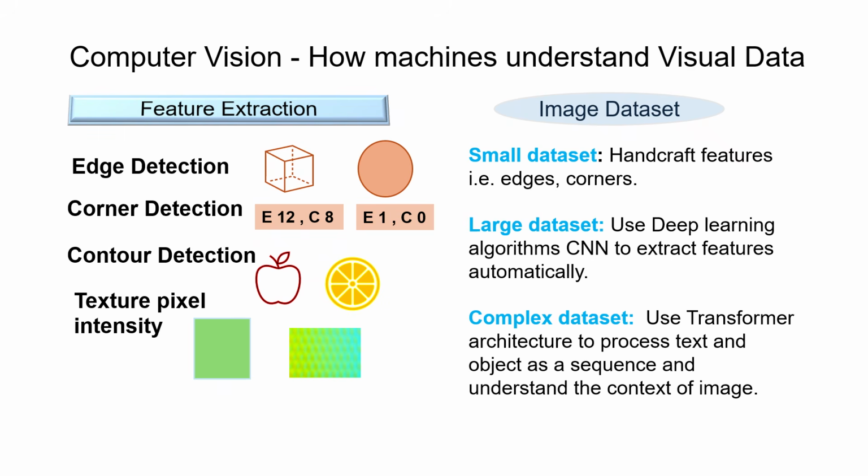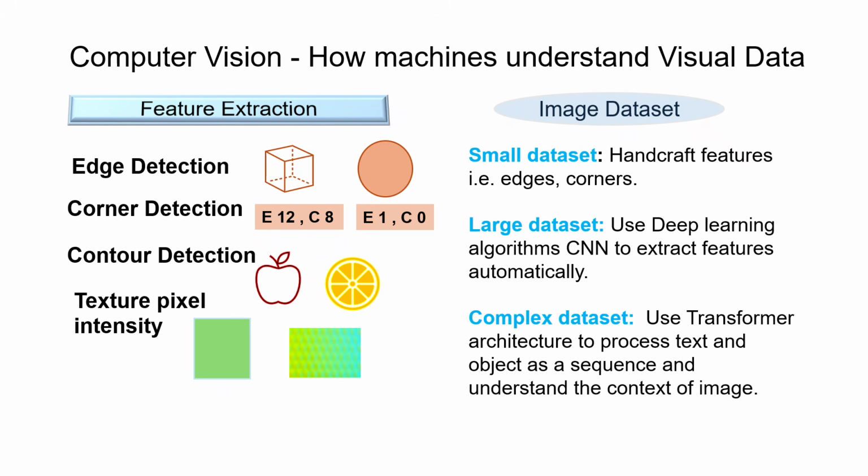The model divides the image into smaller patches or smaller grids, RGB pixels. These smaller patches are converted into image tokens or numerical vectors. Transformer architecture considers the entire image when generating feature representations. Transformers process text and objects as a sequence and understand the context.